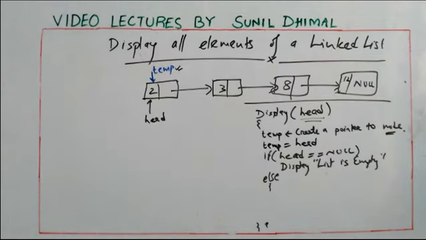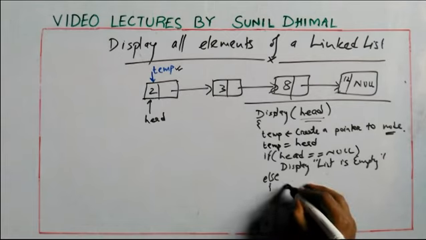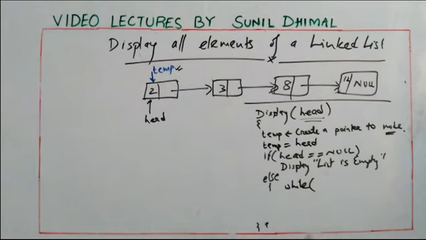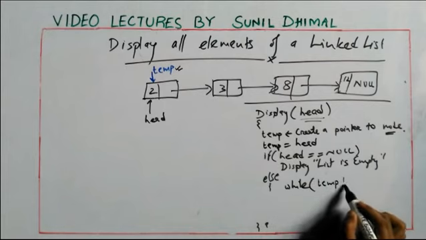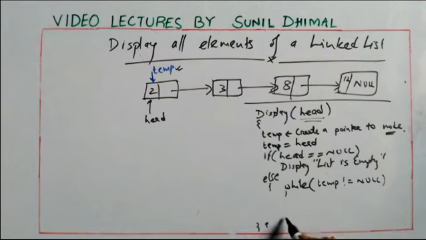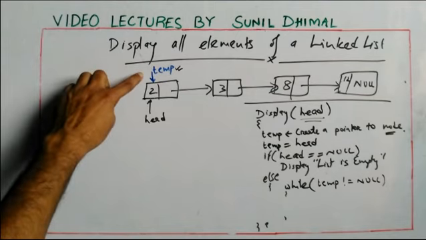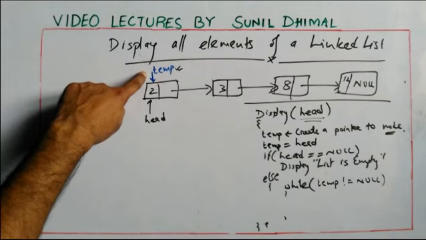If the list is not empty, you make a loop. I keep on comparing temp with null. If temp is not equal to null, which is the case here, it has the address of the current node.